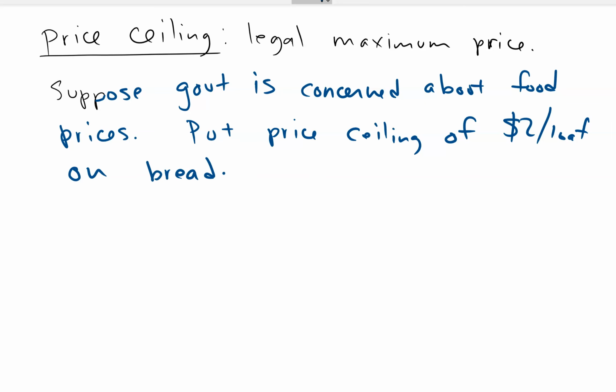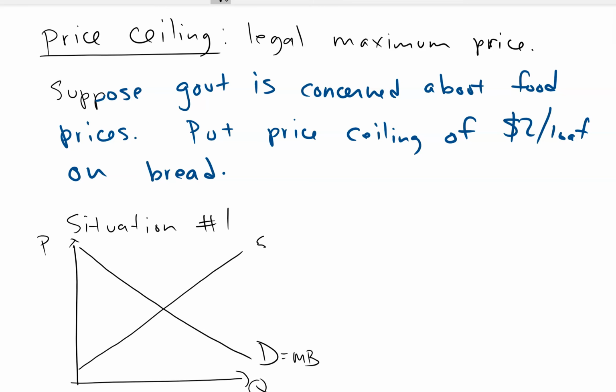There's a couple things that can happen. Let me show you a simple situation first. We can call this situation number one, our demand and our supply. Let's suppose with no price ceiling, the price is here, like $1.50. And then the government comes in and says the price is $2. So this is our max price.